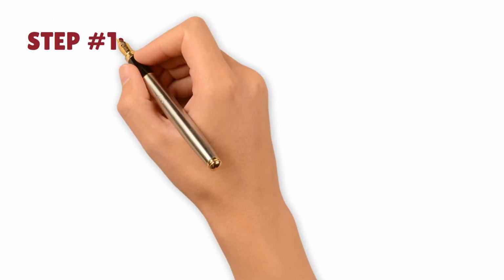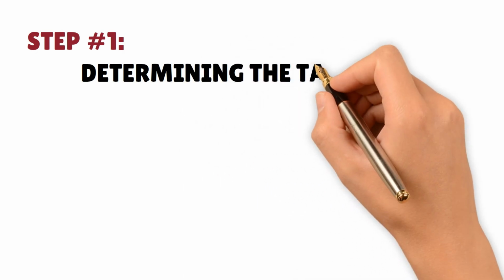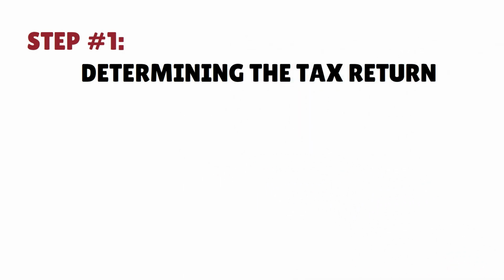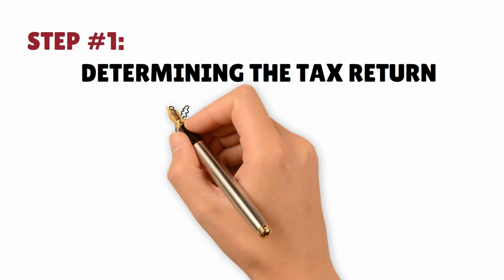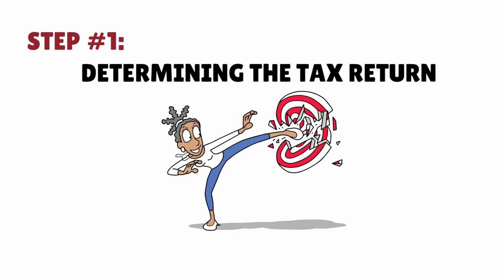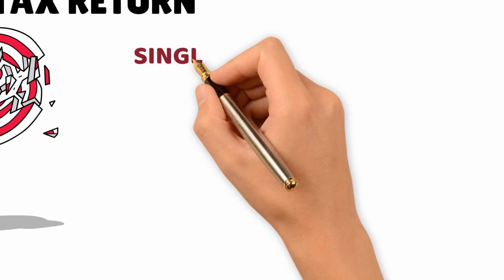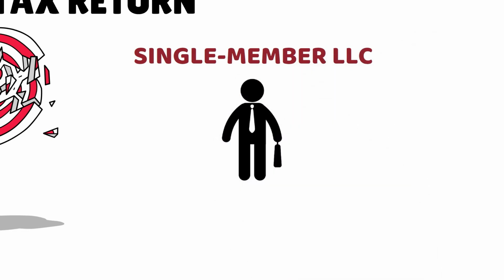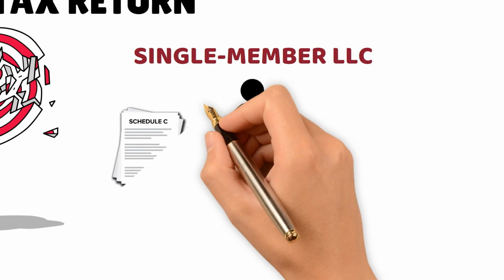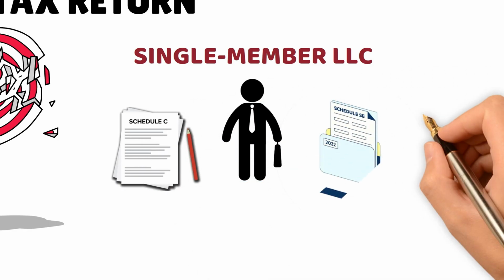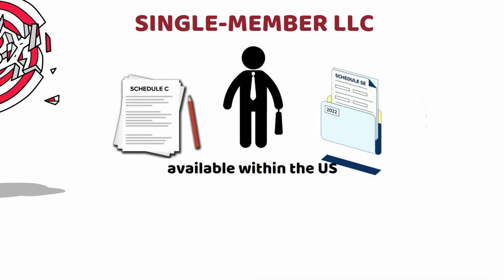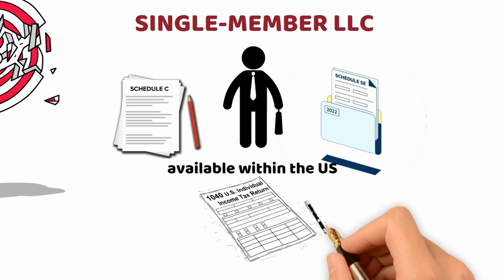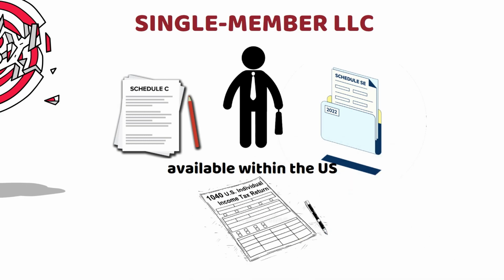Starting with step number 1, determining the tax return necessary as an LLC owner hinges on the type of LLC you operate. Let's break down these distinctions. If you're operating a single-member LLC, indicating sole ownership without partners, your tax filing involves using forms Schedule C and Schedule SE, available within the US 1040, the individual income tax return.